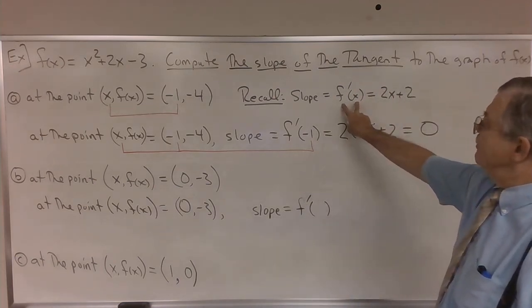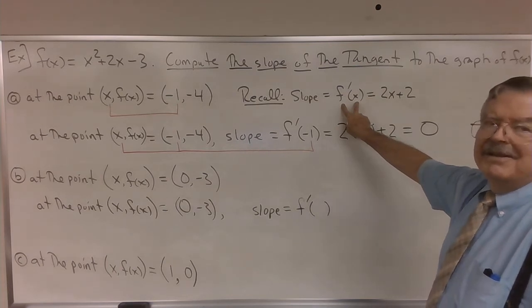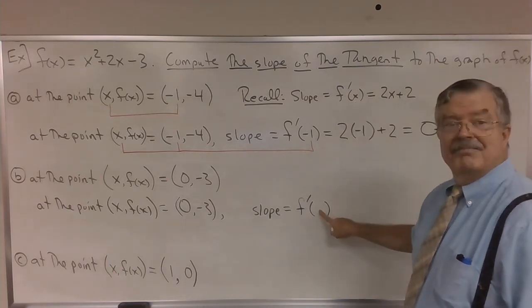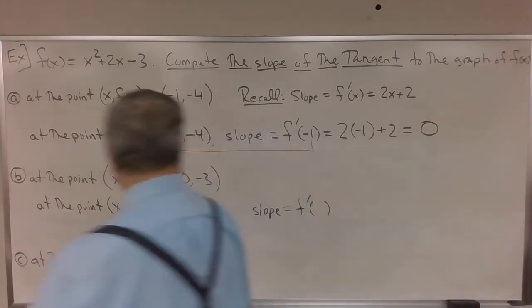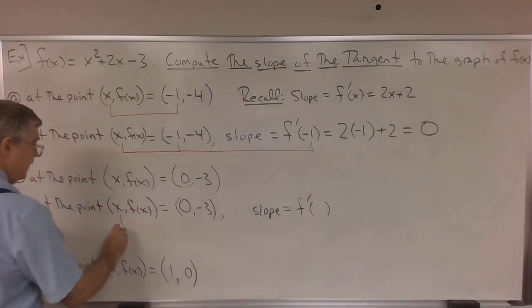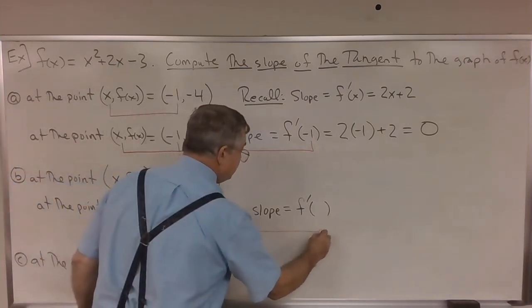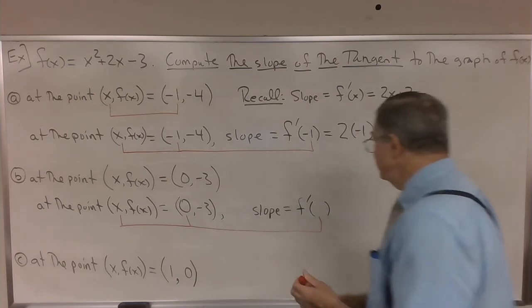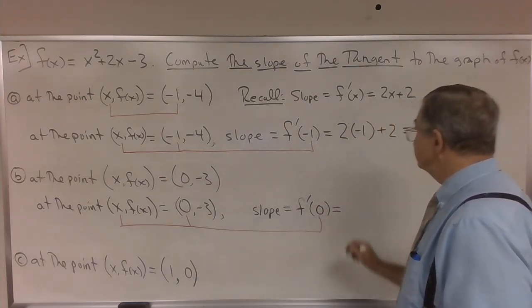Well, in our model f prime is a function of x, right? So what are we going to plug in here? We're going to plug in x. So here, at this point, x is equal to 0. So x equals 0 is exactly what we will plug in for our derivative.